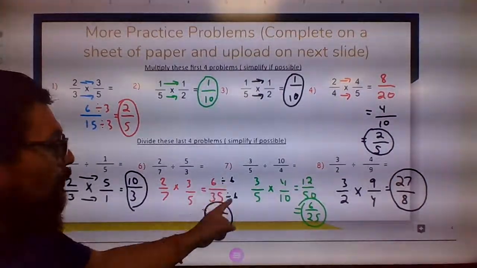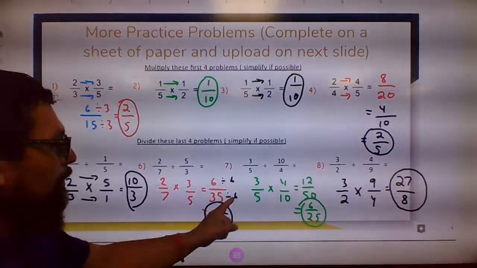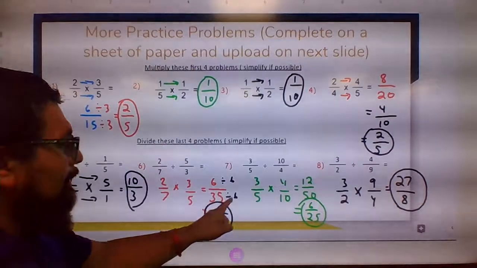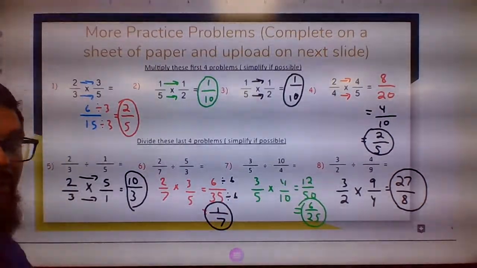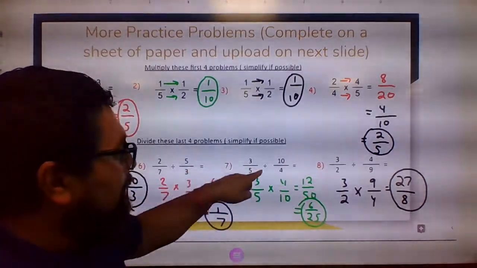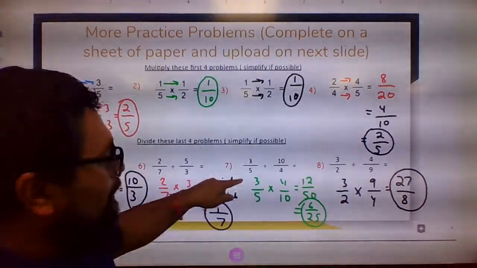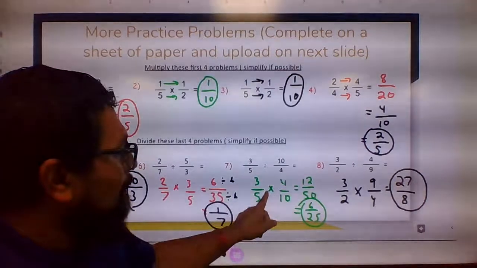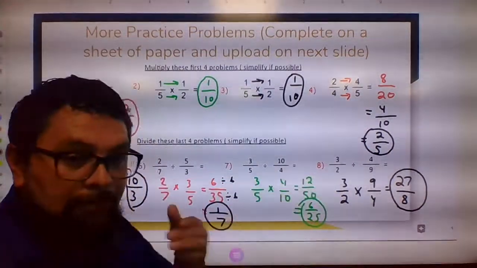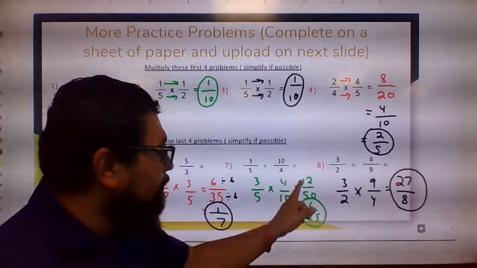So you divide both the top and the bottom, the numerator and the denominator, by 6. 6 divided by 6 is 1, and then 35 divided by 6 is 7. And then number 7, 3/5 divided by 10/4. Again, 3/5, keep it, change it to multiplication, and then it's 4/10. And then you multiply across. So 3 times 4 is 12.